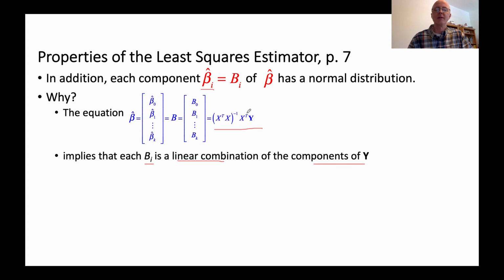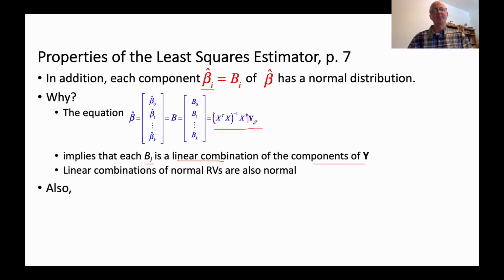That's what it means to multiply this matrix times this vector. And linear combinations of normal random variables are also normal. You can use the fingerprint theorem to prove that. In our textbook, it's back in chapter 7, involving moment generating functions and how they identify random variables.